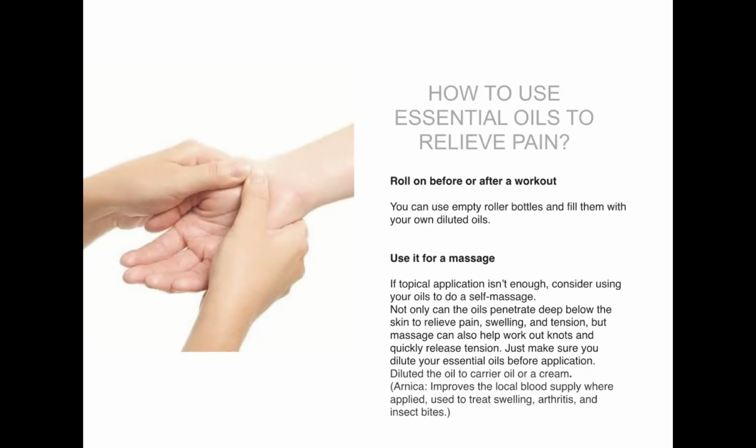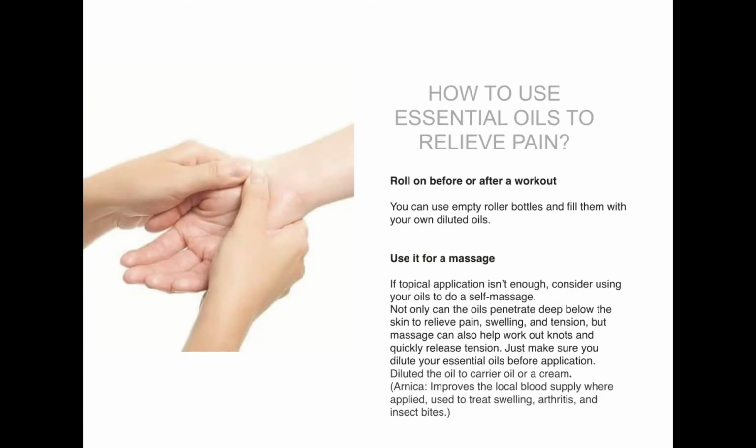And if you are able to do a self-massage, you can also do this. Maybe you have a friend or a partner who can give you a nice massage. And even in this case, you can dilute the essential oil before the application. You can use a carrier oil or even a cream.